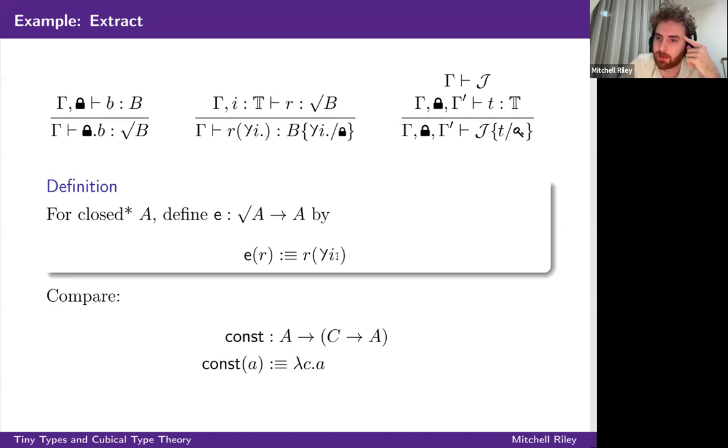So that's the thing which is bound here. But we don't have to use it at all. I mean, we've already got an element of root A, so we can just apply the eliminator directly and get it out. And so this is just the same as if you're forming a constant function, where we're absolutely allowed to bind a new variable and then not use it if we like. So I think of these things as sort of dual to each other.